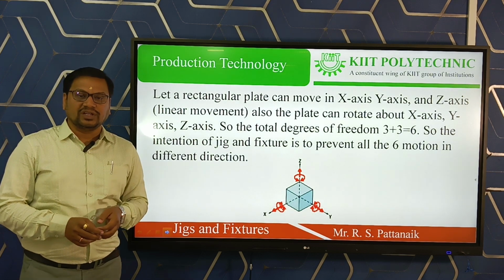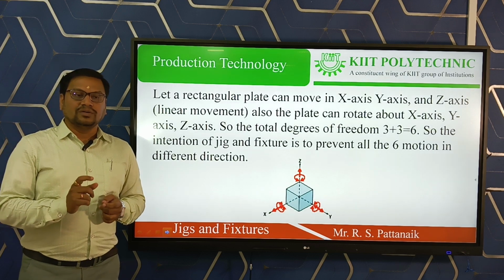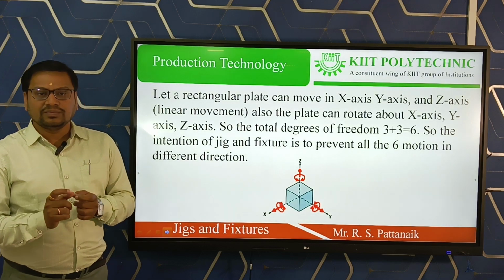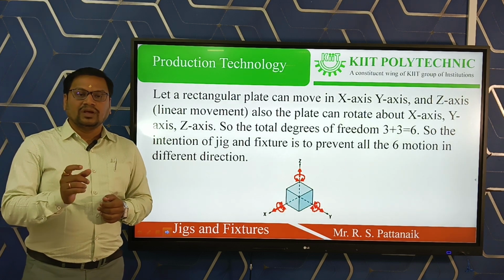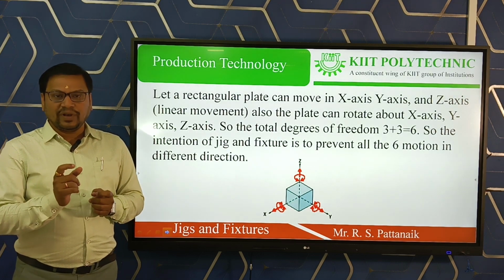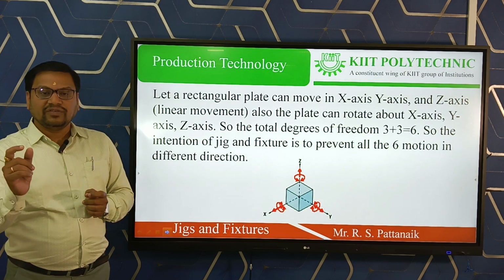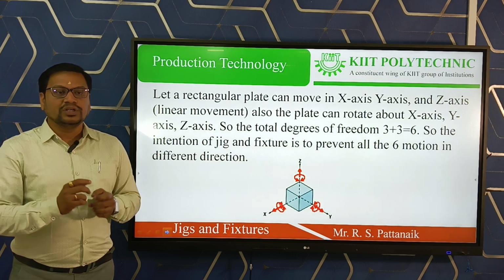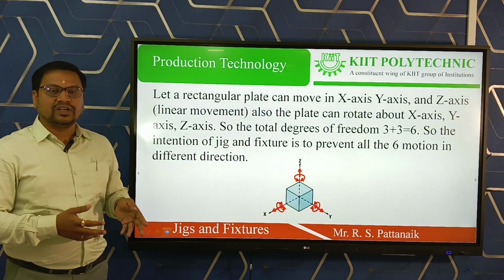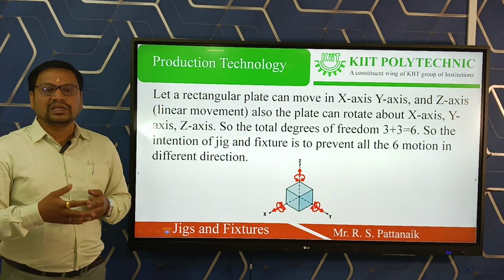As per their expression, each linear motion has 2 motions. For example, a rectangular plate can move in the x-axis linearly in the positive and negative directions, to and fro. So in their expression, the total translatory motion is 6.